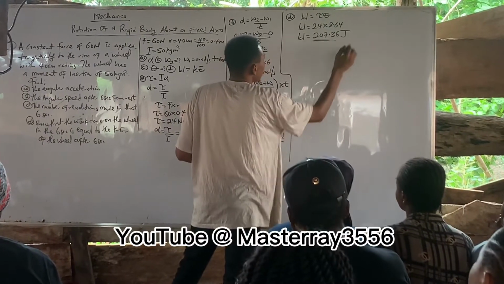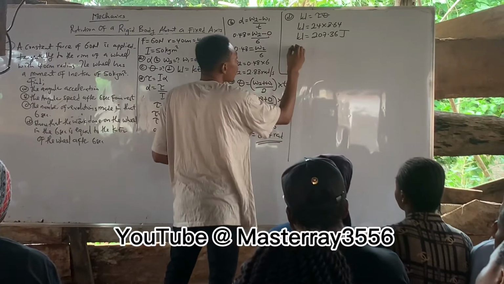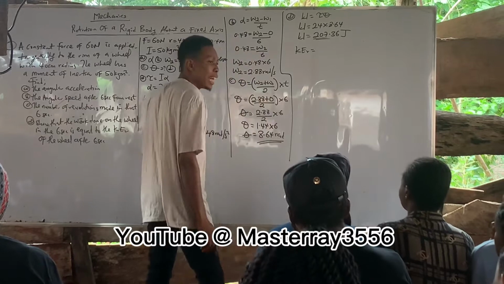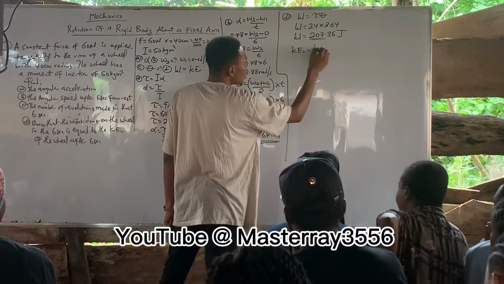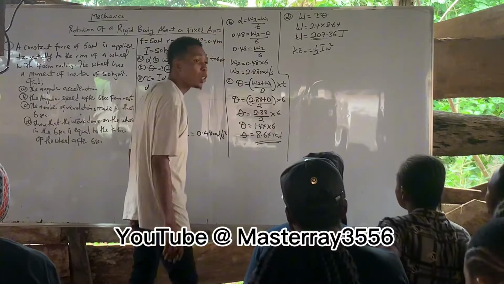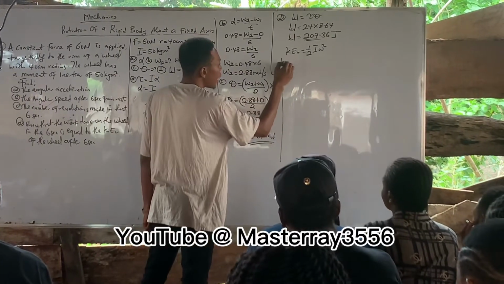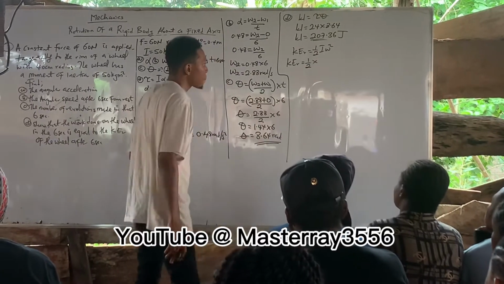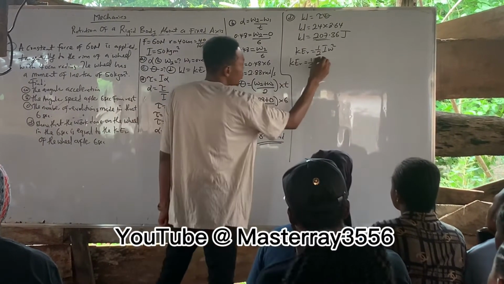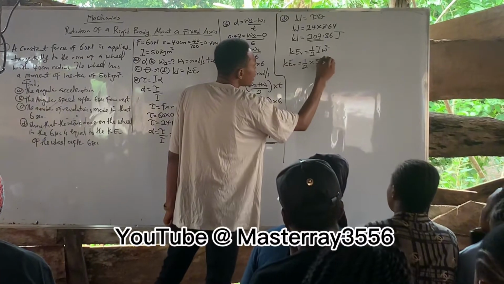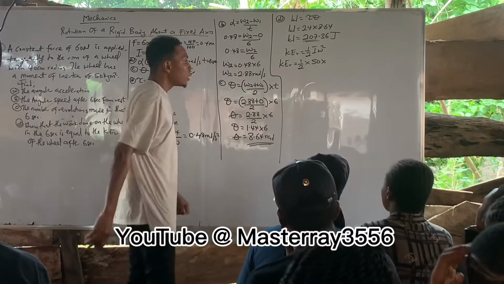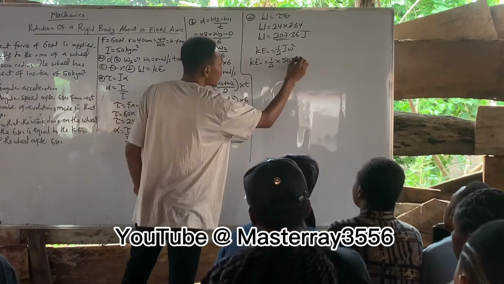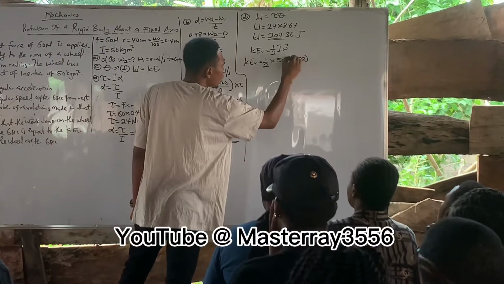Joule. So the next one, we look for KER, right? To get KER is 1/2 I W square, is it not? So from there, our KER will be equal to 1/2 times, what's I? 50. Then times, what's W? This W, we are making use of this, is it not? 2.88 squared.